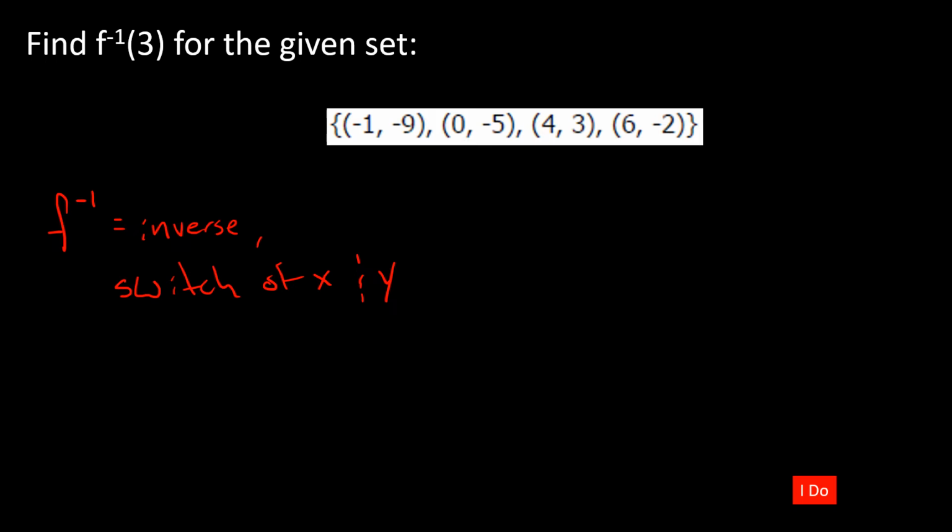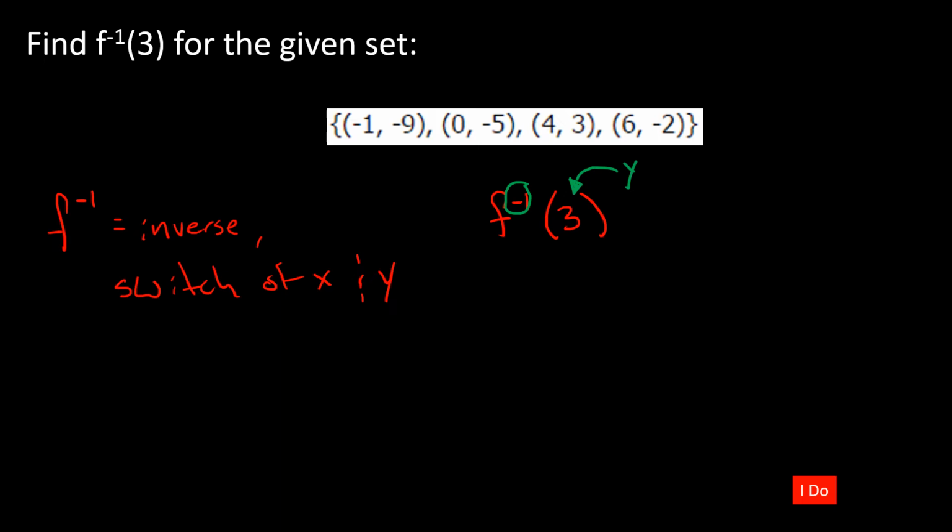So when we have this f inverse of 3, typically what we see is when we have a 3 within a function, that's usually an x. But in this case, because it's this f inverse, this value in here has to be our y.